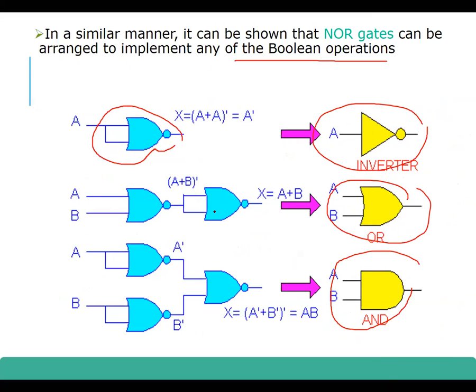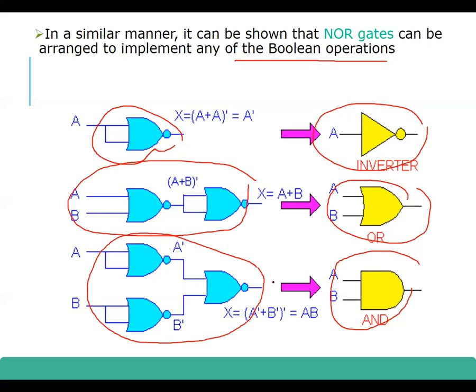So all three can be represented using NOR gates, similarly as we have done with NAND gates. To represent a NOT gate, you input the same variable into the two inputs, and at the end you get A NOR A, which is A's complement. Secondly, for the OR gate, you use two NOR gates one after the other.